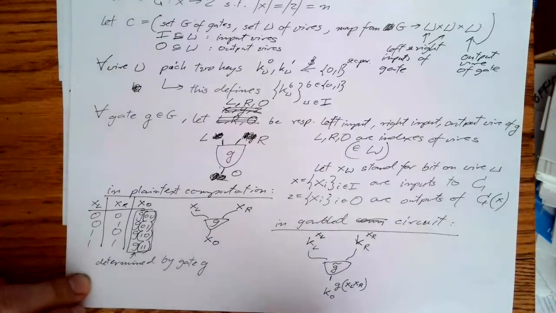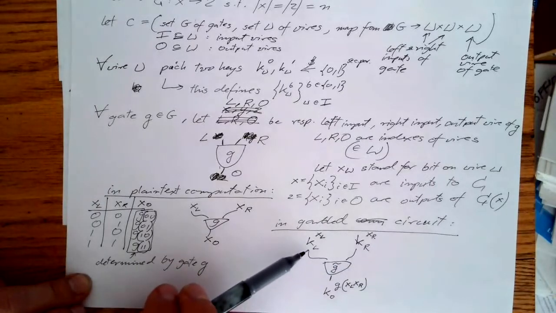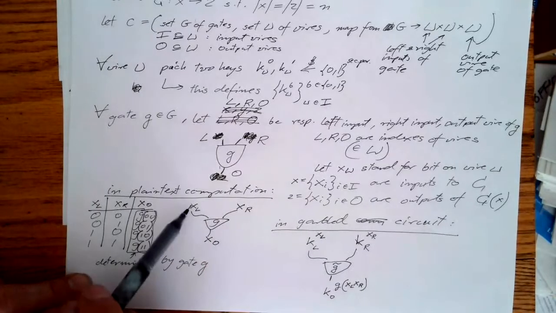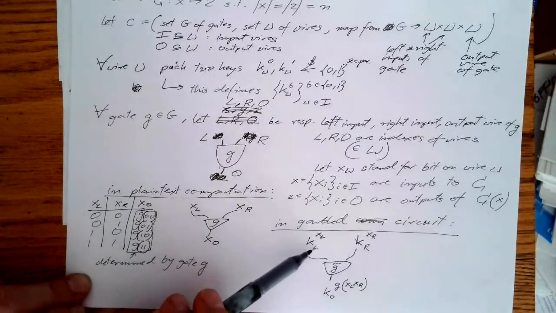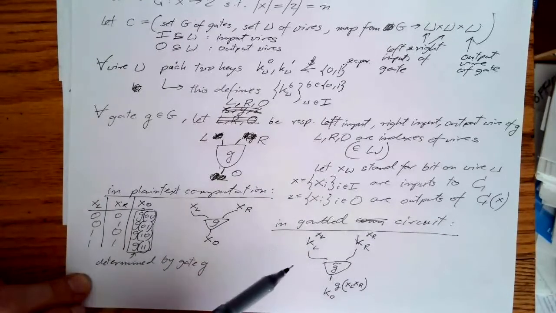The garbled circuit will be, let's say that I had a representation of this garbled gate, which allowed computation of this key given any of the four possible inputs here. There are two possible values on this wire: K_L^0 corresponding to X_L being 0, and K_L^1 corresponding to X_L being 1. And similarly two possibilities on the right side, so there are four possibilities of these inputs.